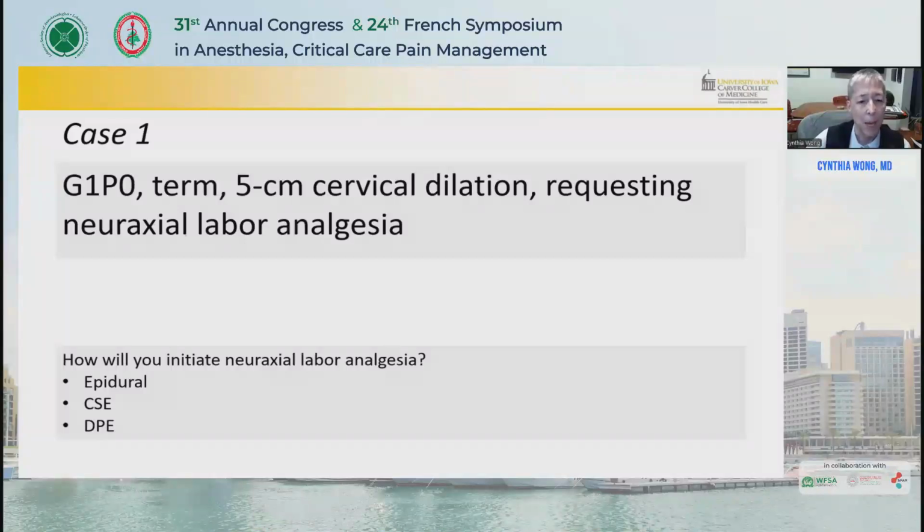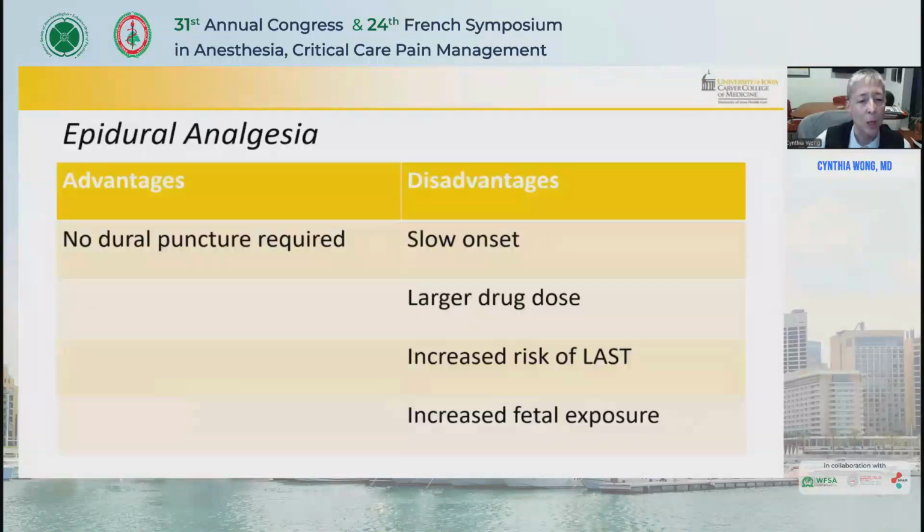Let's start by articulating the advantages and disadvantages of each one of these techniques. So with an epidural, no dural puncture is required. The onset of analgesia is slower. I will show you that data in a minute. One needs to use a larger drug dose for an epidural dose compared with a spinal dose.